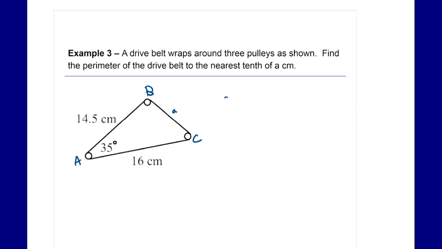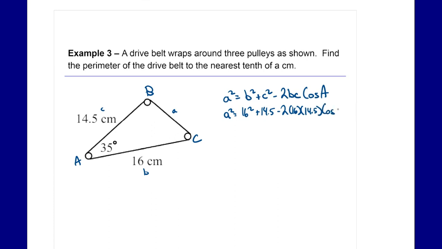So our formula is A squared equals B squared plus C squared minus 2BC times cosine A. So A squared is equal to 16 squared plus 14.5 squared minus 2 times 16 times 14.5 times cosine of 35 degrees.